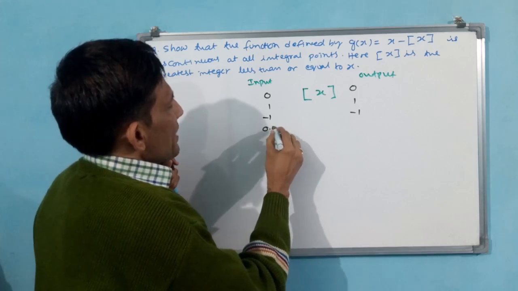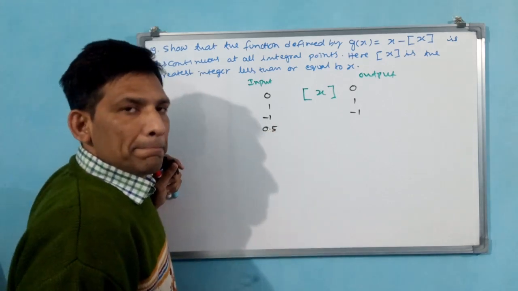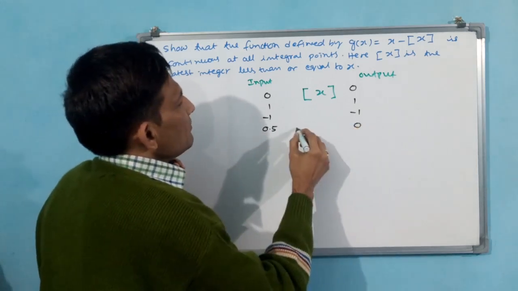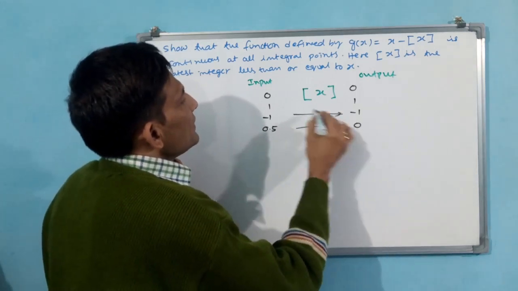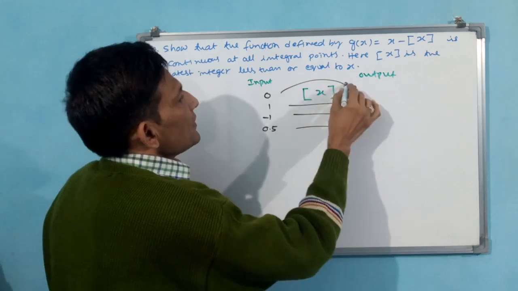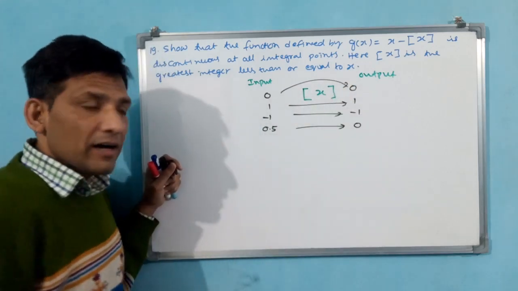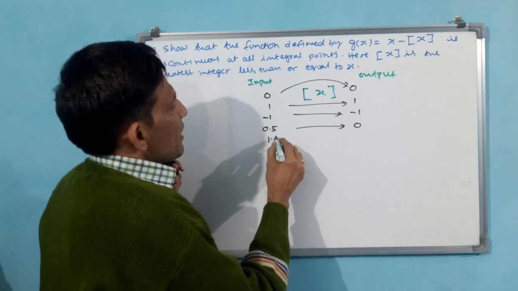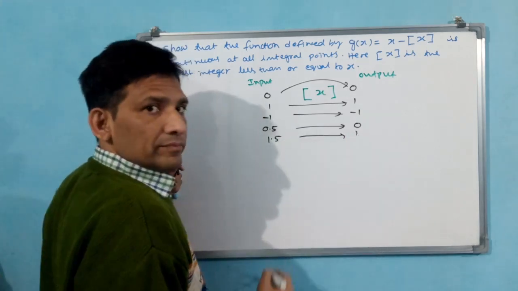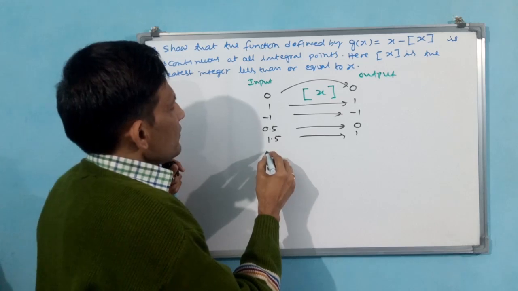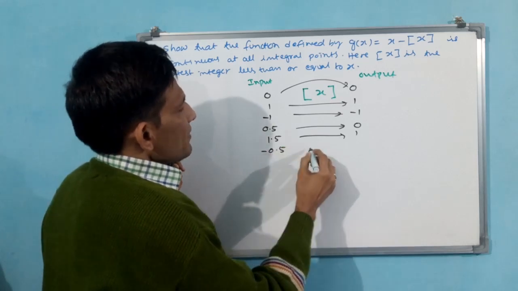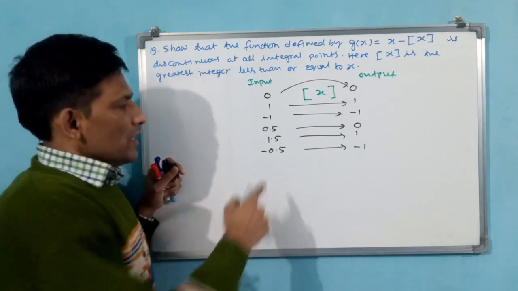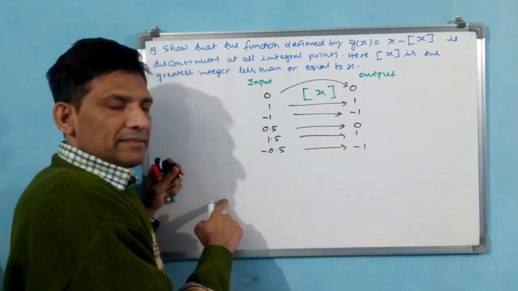What if I give 0.5? 0 will come. That is the specialty of the greatest integer function. What if I give 1.5? 1 will come. What if I give minus 0.5? Minus 1 will come.